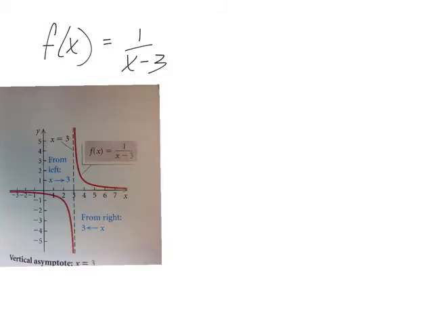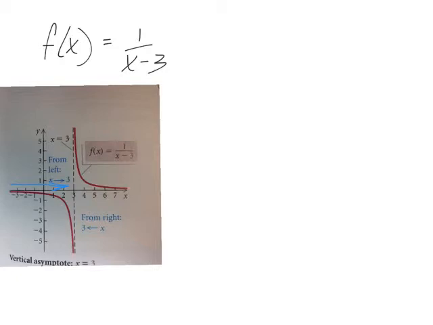Notice what happens here. As we approach 3 from this direction, what happens to my y value? My y value gets bigger and bigger and bigger all the way to infinity.